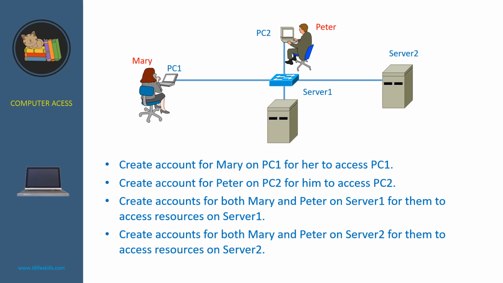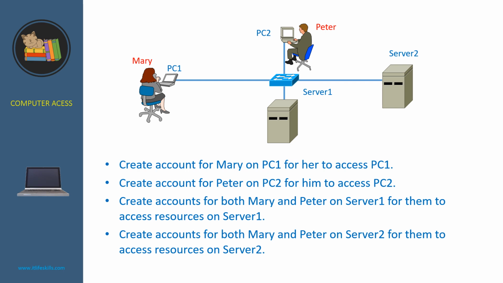Let's start with this small workgroup. In this workgroup, we need to allow Mary to access PC1 and Peter to access PC2, and both Mary and Peter to access server 1 and server 2.